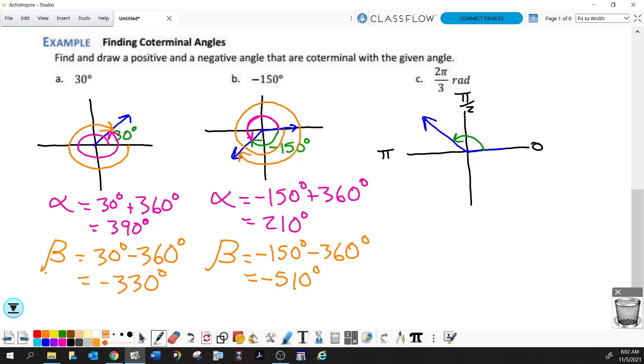Yes, sir. It is 120 degrees, but I want you thinking in radians, not degrees. I'm telling you, the faster you can see the radians, the faster you're going to like trig. As far as I'm concerned, the radians just make life so much easier because the numbers stay small.